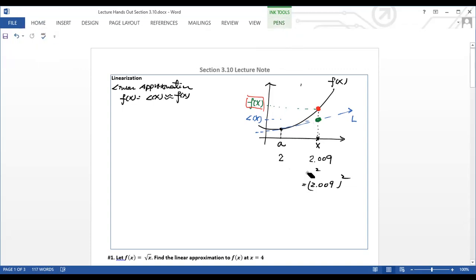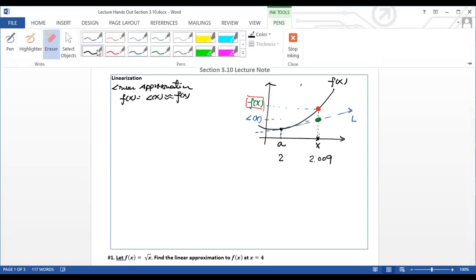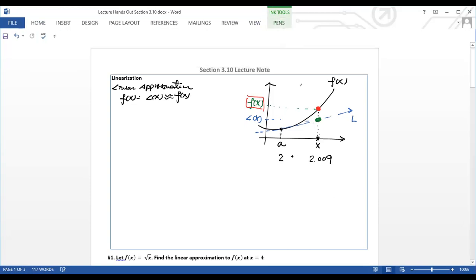That's the basic concept of linear approximation. I can use the green point to approximate the red one, and if they are not too far away, the approximation is pretty good.